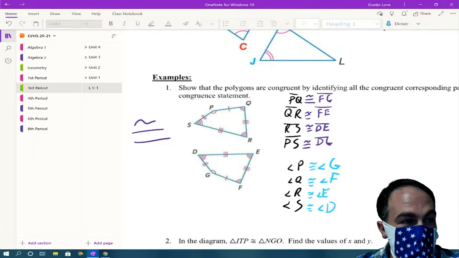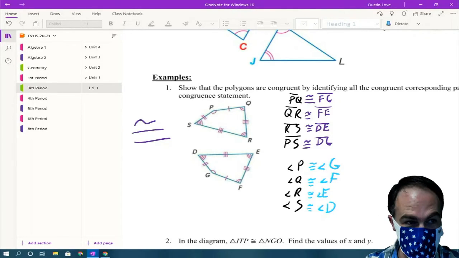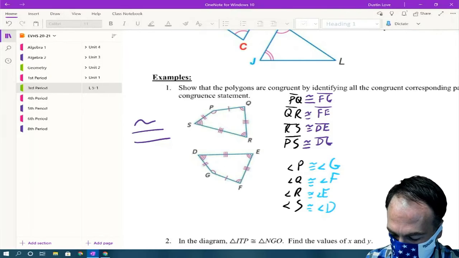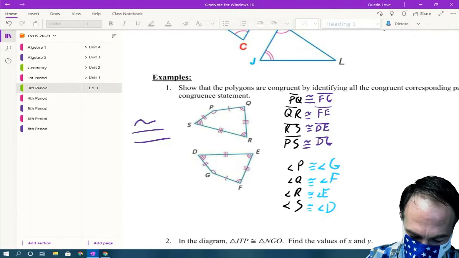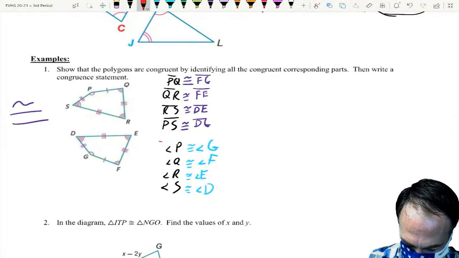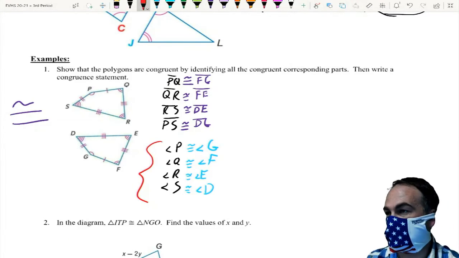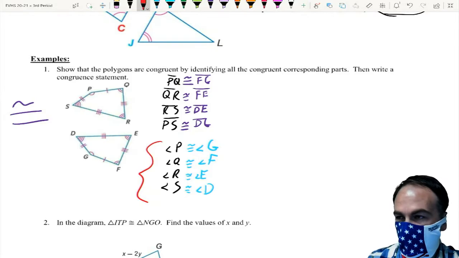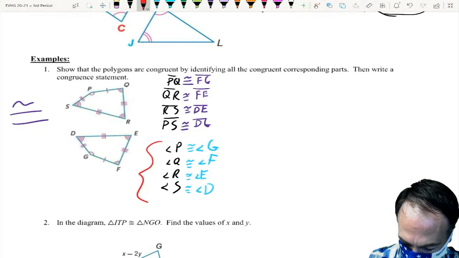Basic idea, as long as everything's going around in the exact same order around both of them, then we're going to use the angles list that we've made to come up with our congruency statement. We have to go around the outside. We can't zigzag across, which we've already confirmed.